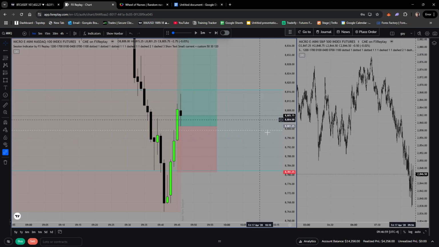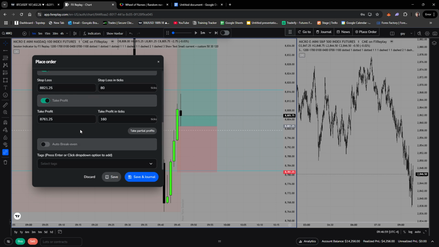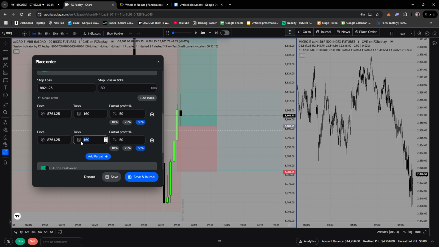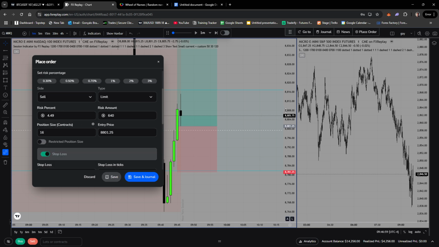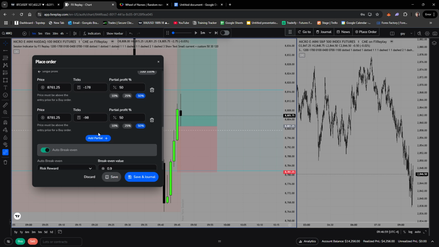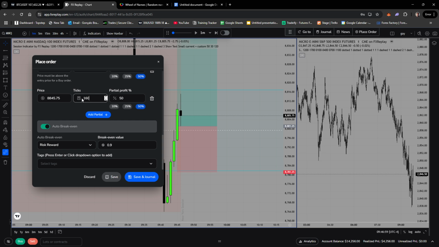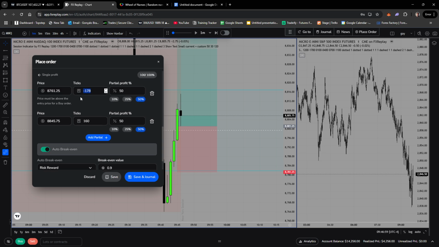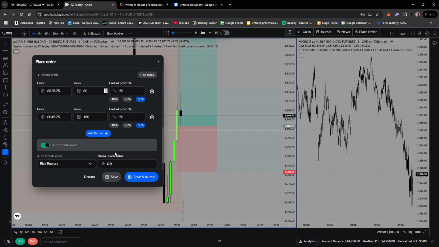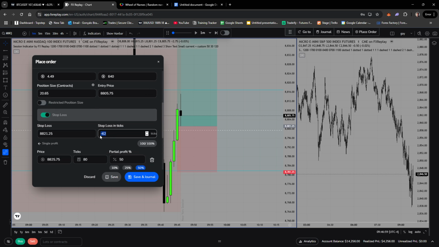Let's delete this. 20 points still covers it, to be honest. And 80. Buy limit. 160. 80. Partials. Cool. Stop loss.